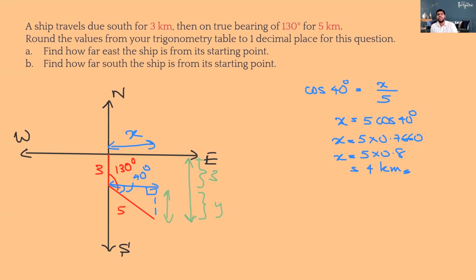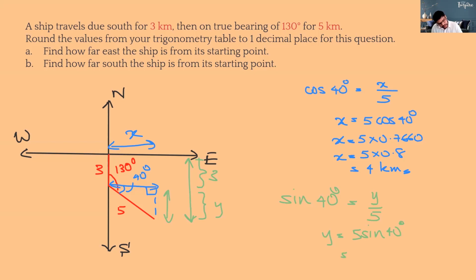So this time children, we can use sine 40. Sine 40 is equal to y over 5, because y is the opposite and 5 is the hypotenuse. So y is equal to 5 sine 40 degrees.